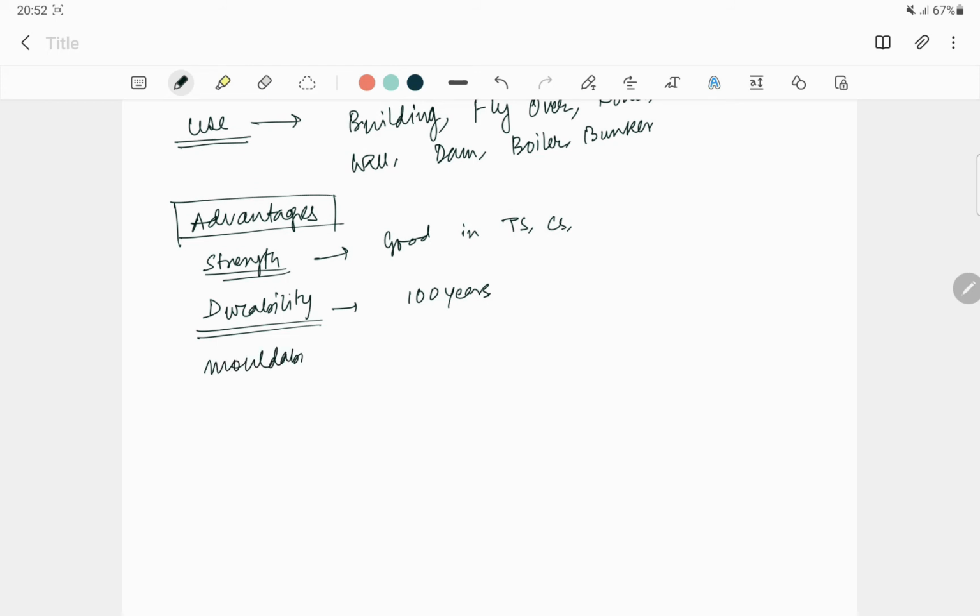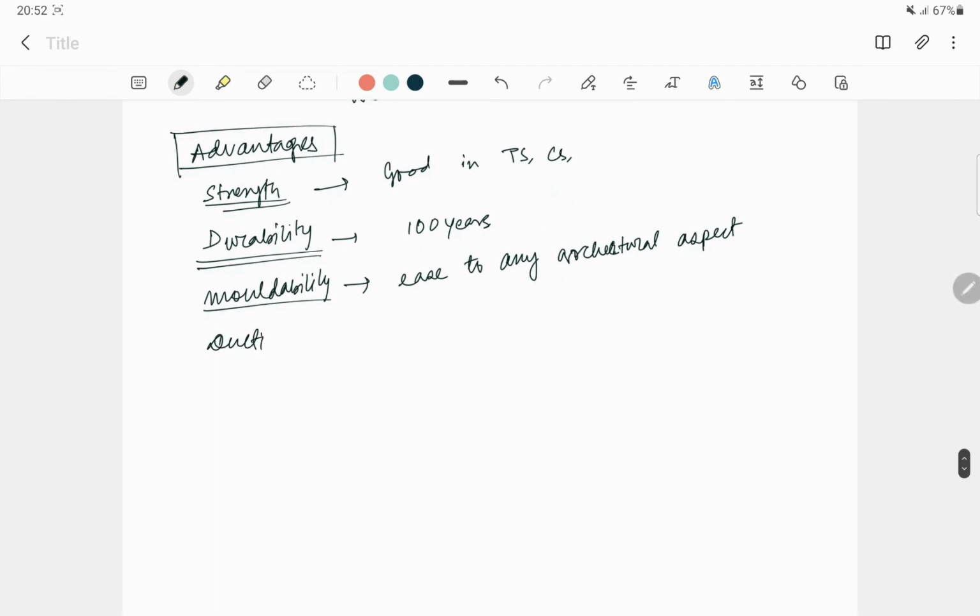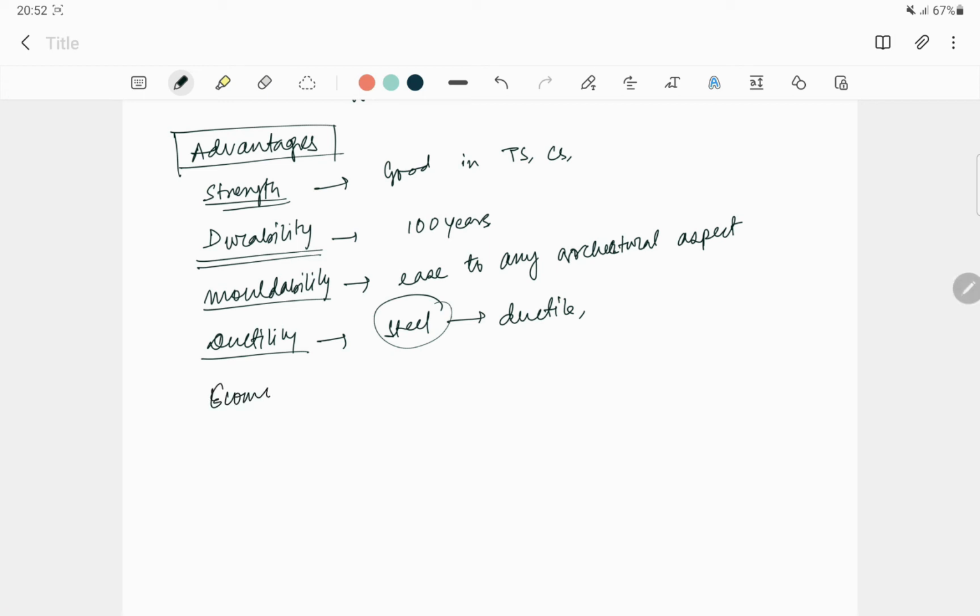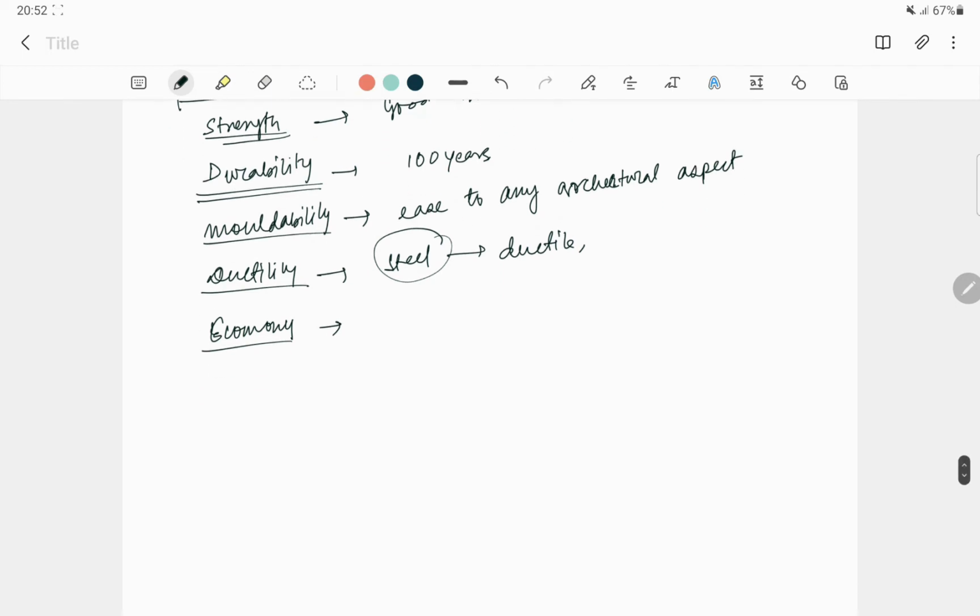Moldability: ease for any architectural aspect, that means whatever mold you make, it takes that shape. Ductility: as steel is a ductile material, it gives you proper warning time. Economy: yes, it is more economical than steel structure, that is very famous.